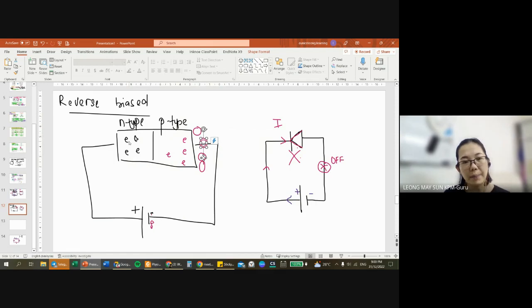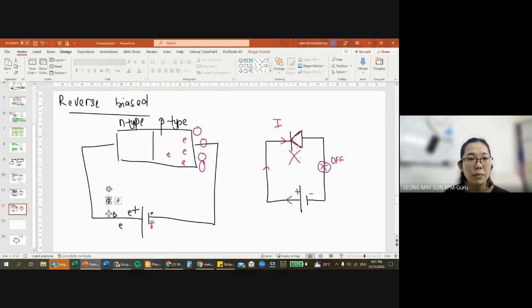Then the electrons at the n-type, instead of going towards the opposite direction, are more strongly attracted by the positive terminal. So all these electrons from the n-type will move towards the positive terminal. It will keep on moving towards the positive terminal.